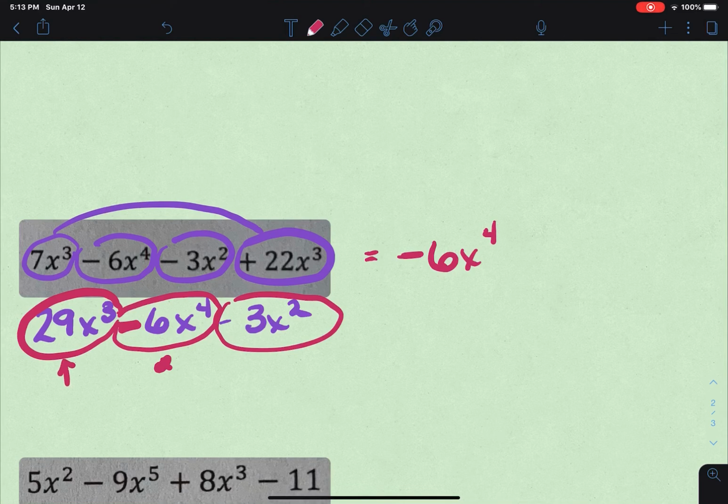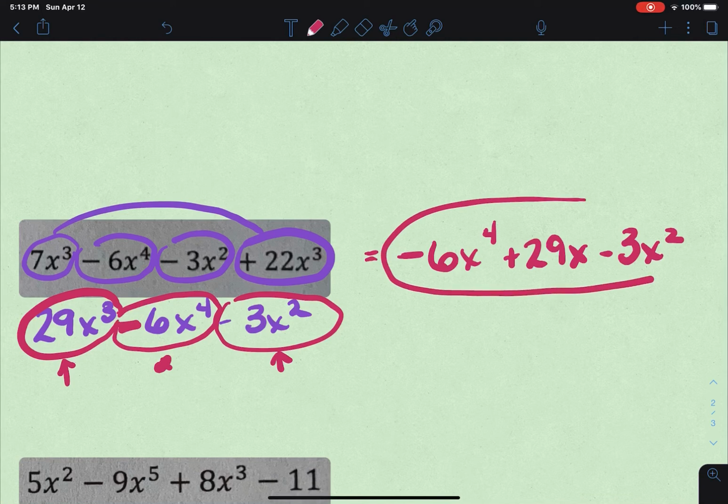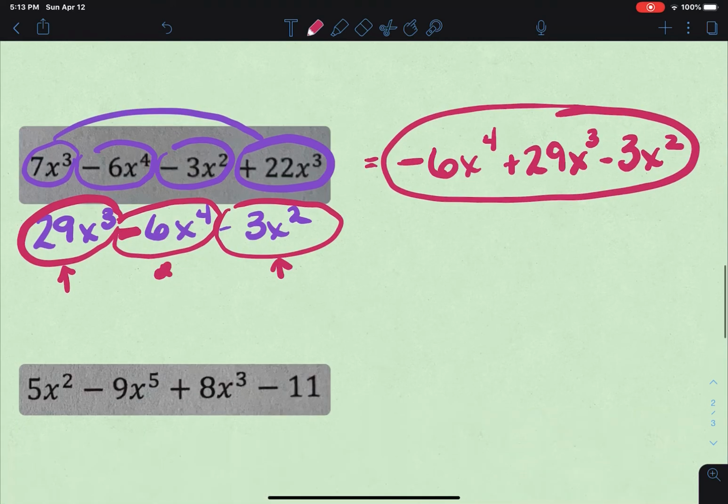Next highest would be x to the third, and that 29 I assume is positive. So I'm going to write plus 29x to the third. And then this one is last, so minus 3x squared. Oops, might help if I put my exponent there, huh? Okay, so do you get the idea of rearranging?